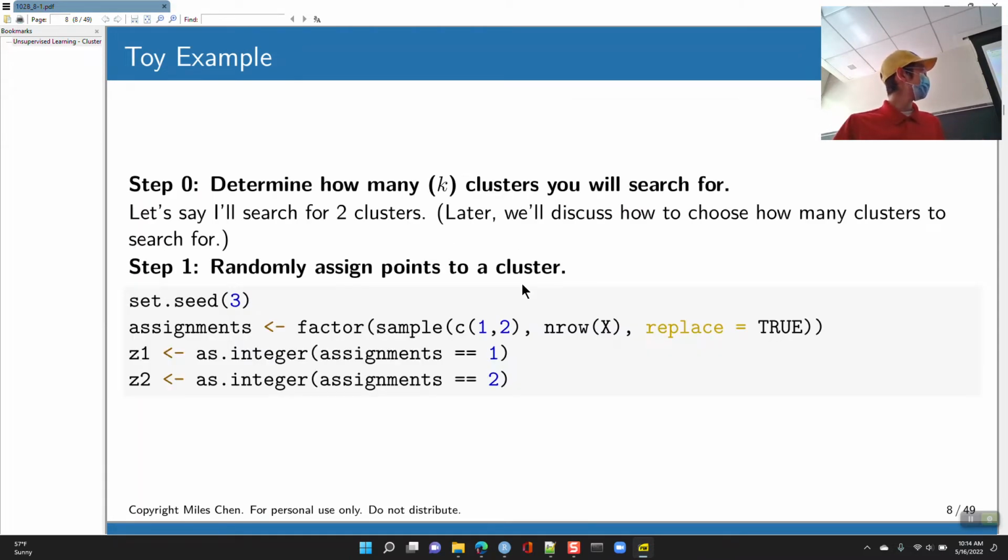I'm going to just sample 1 and 2, and then set them as assignments. If assignment is 1, Z1 is going to be, as an integer, so 0s or 1s, 1 if it's assigned to cluster 1, and 0 if it's not. And we get 1 if it's assigned to cluster 2, Z2, and 0 if it's not.